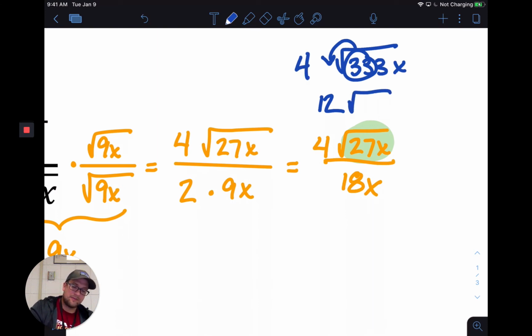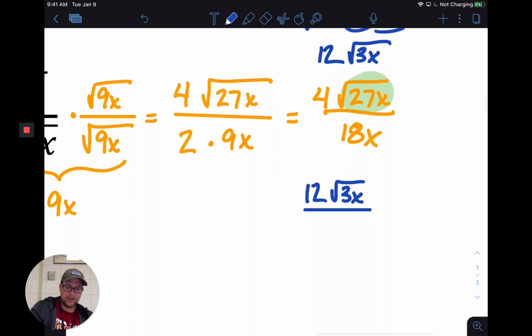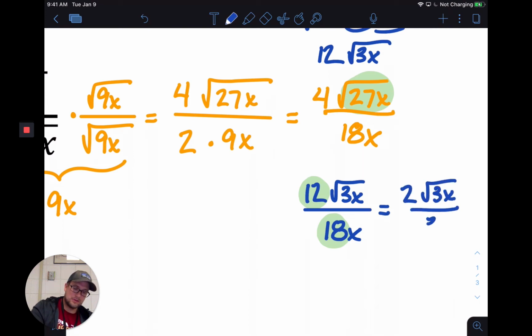And I will be left with 3x still inside. So my new simplified form of this will be 12 square roots of 3x, and on the bottom, I will have 18x. Looking at any last simplifications we can do, 12 and 18 can be reduced to 2/3. And we are complete.